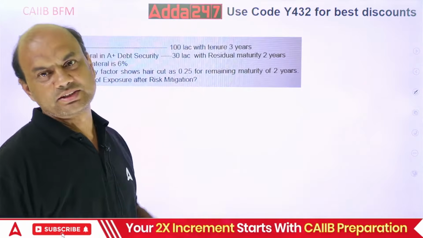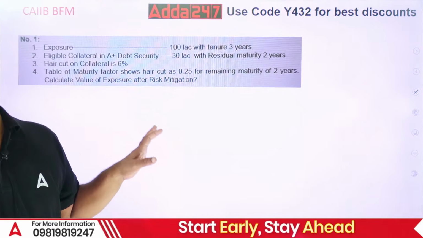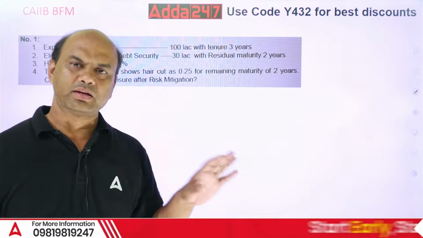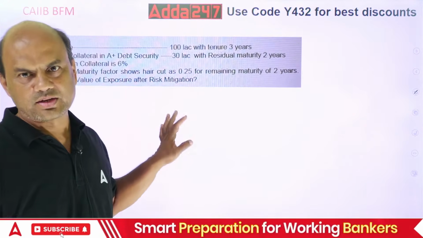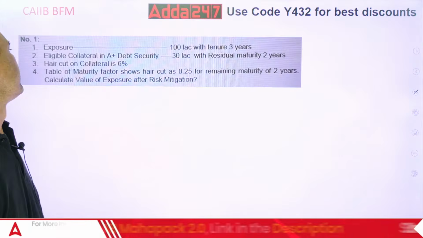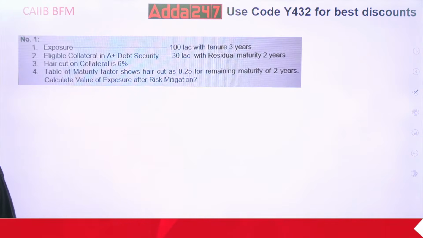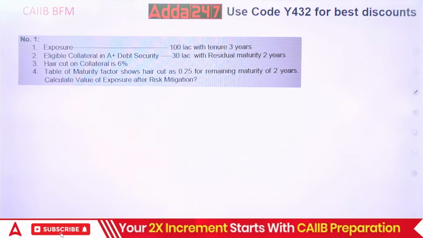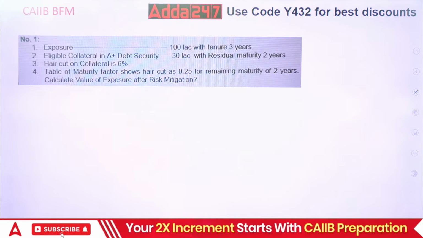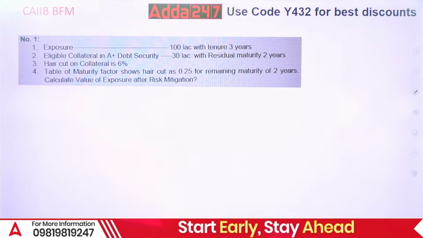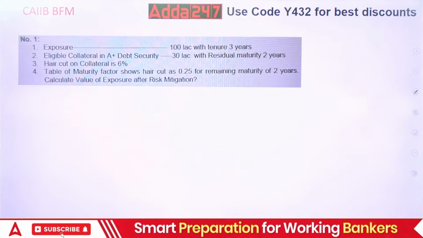Now this one, this is tough. If you don't know this, you need not go to Himalaya, because this is really tough, okay? Exposure is given as 100 lakhs with a tenure of 3 years. Eligible collateral is A plus debt security, 30 lakhs with a residual maturity of 2 years.